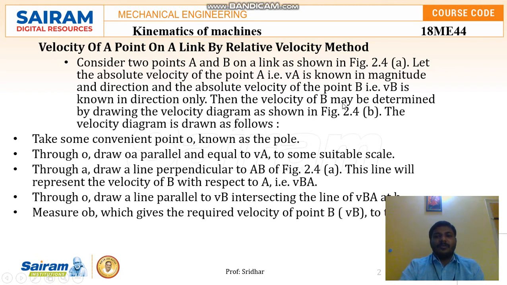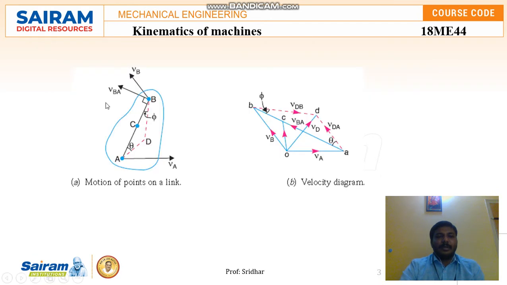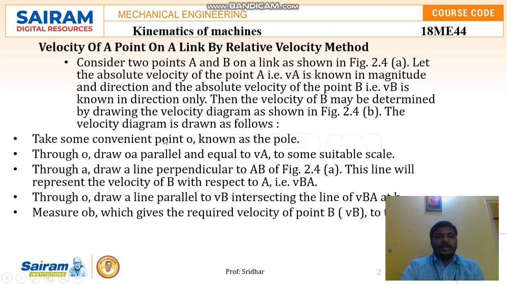Then the velocity of B may be determined by drawing the velocity diagram, as shown in the figure. The velocity diagram is drawn as follows. First take some convenient point O, known as the pole.